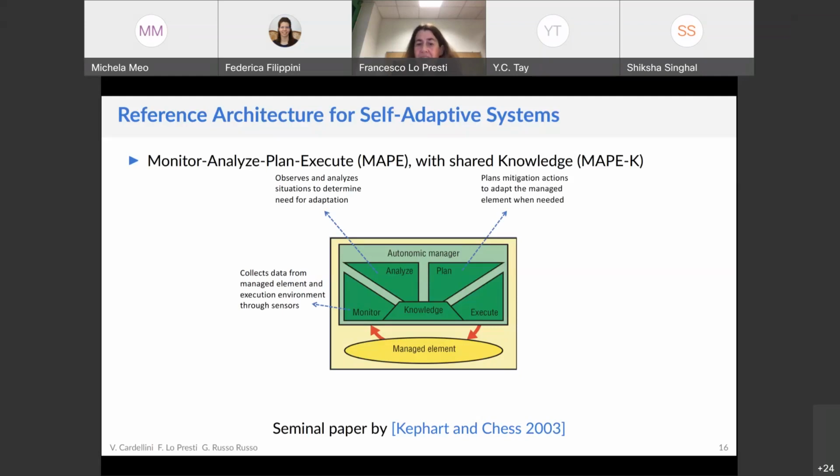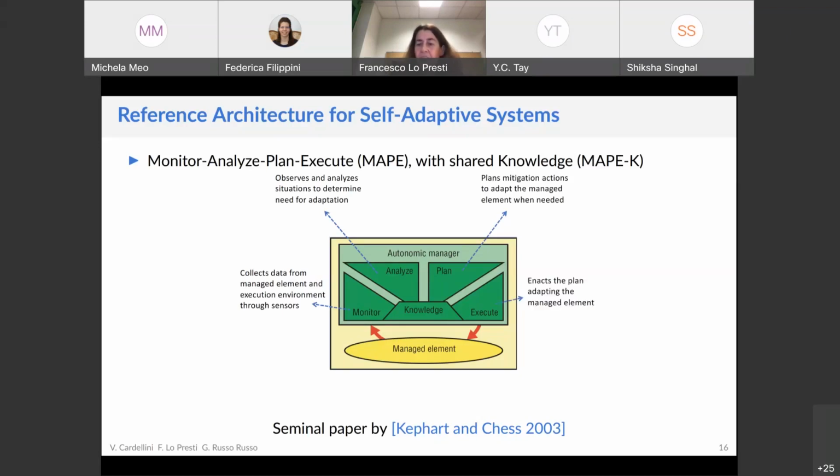The next component in the loop, of course, this is an autonomic loop, is the plan component that you can use to define the actions to adapt the managed system.